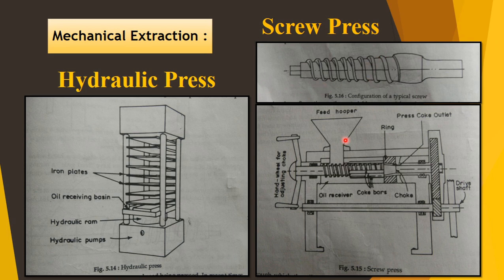You can see here the screw press work, that this is the feeder section from where the oil seeds are poured into the transmission section, where it is heated in the extrusion, and while it does, the oil as well as the oil meal is separated, and from the metering section downward we will get the final product of oil and oil meal. This is a working mechanism I have explained to you in the earlier lecture, so I am not going to repeat this again.